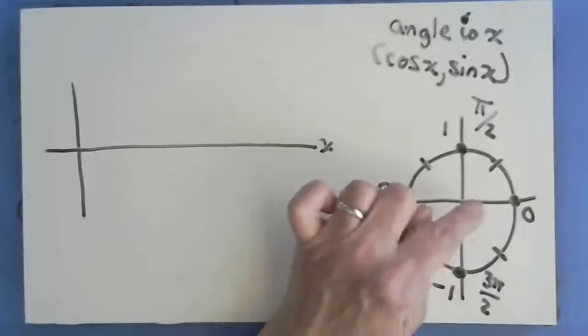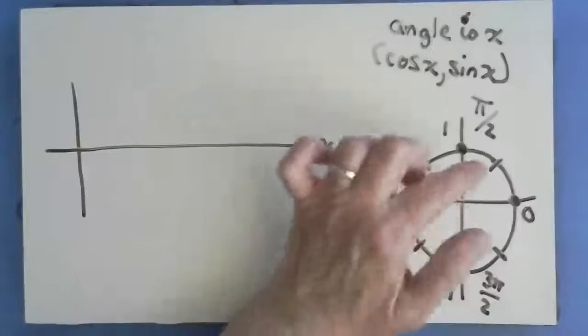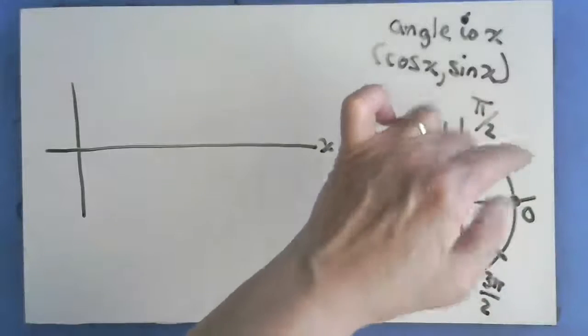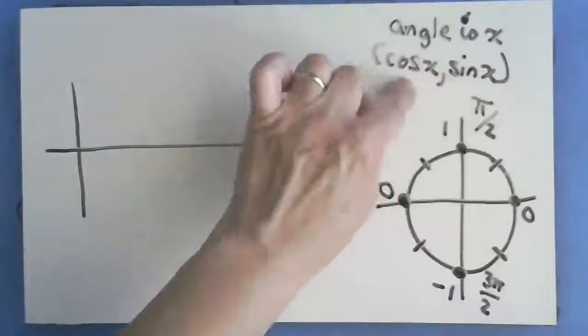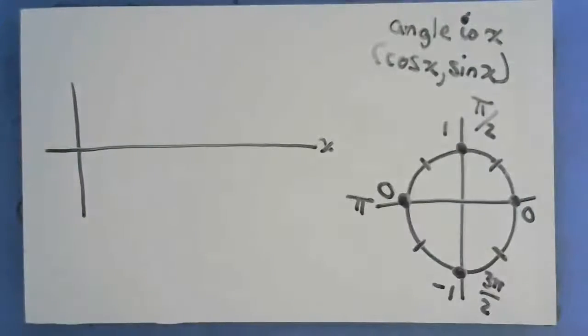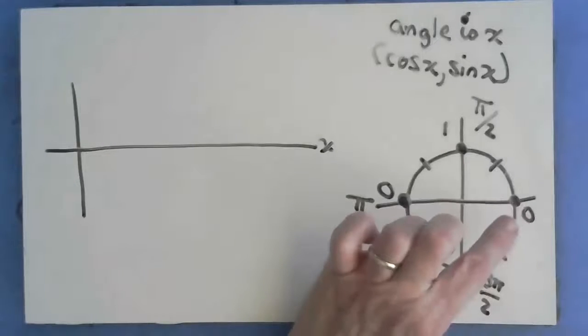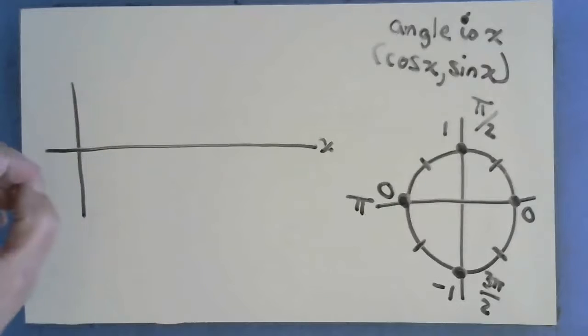We're saying here's an angle, and we imagine what the angle would be, and then we see where the angle intersects with the unit circle, and whatever that point is, the x coordinate is cosine x, and the y coordinate is sine x. Now, what we're going to do is show how to go from the unit circle to just extract the graph for sine x.